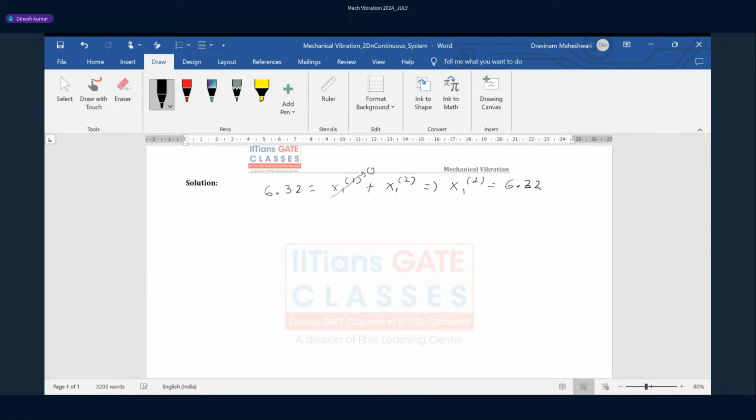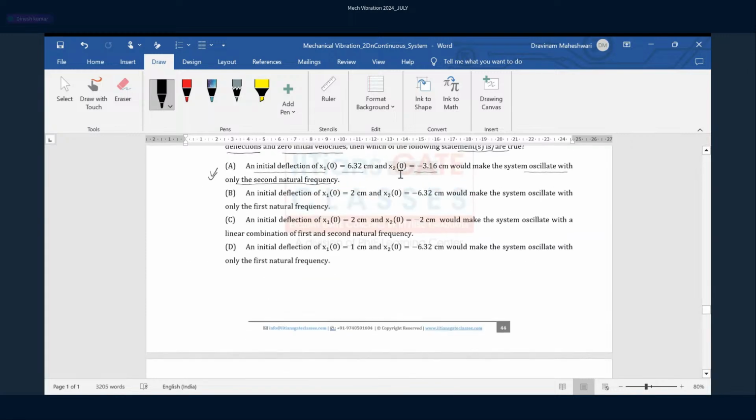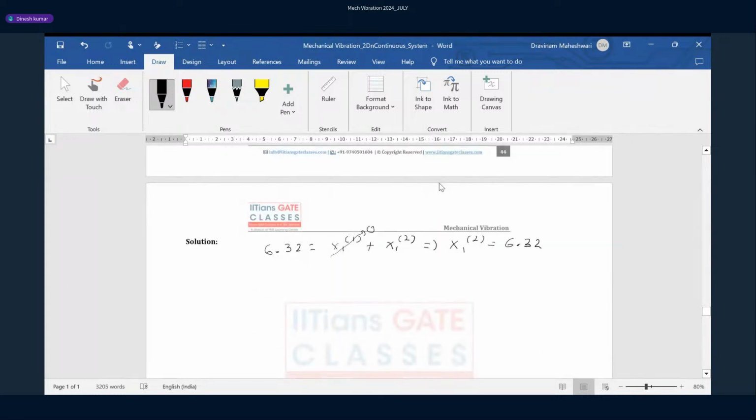Now another condition they told, for mass m2 it is minus 3.16. So minus 3.16 is equal to x2 for first mode plus x2 for second mode. Again this is 0, so x2 for second mode is minus 3.16.